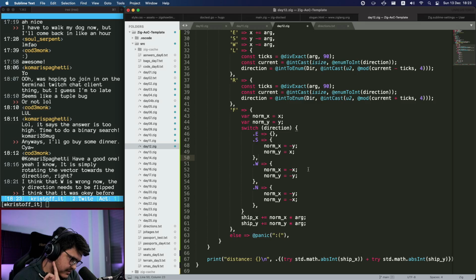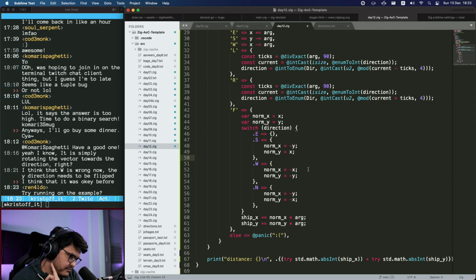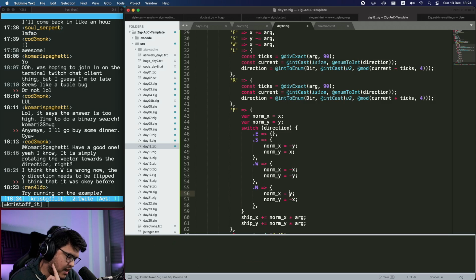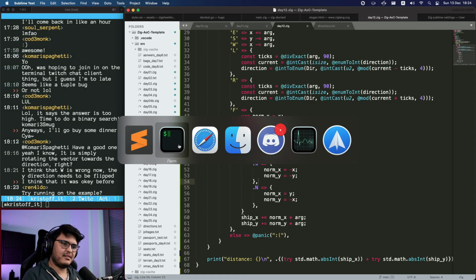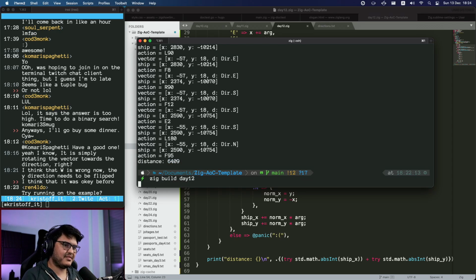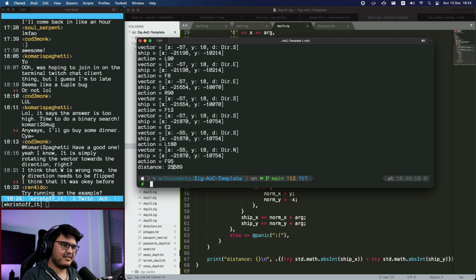North means that x becomes positive y, and y becomes negative x. I think this is the right thing. I think this is the right combination.